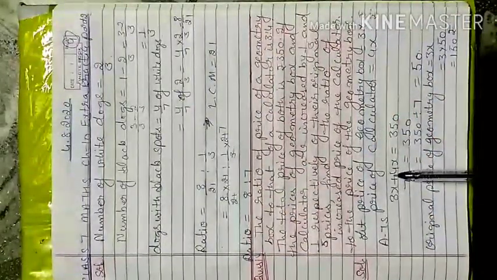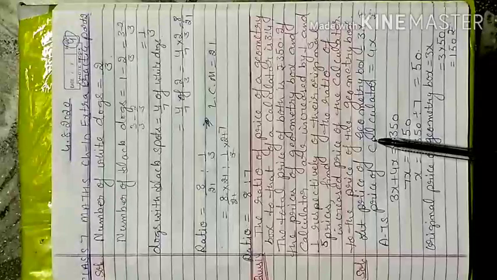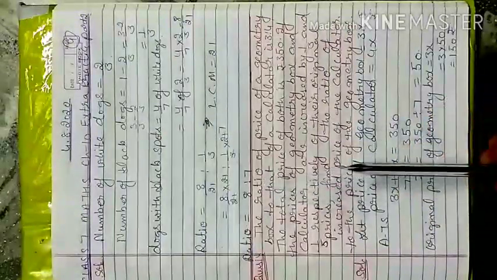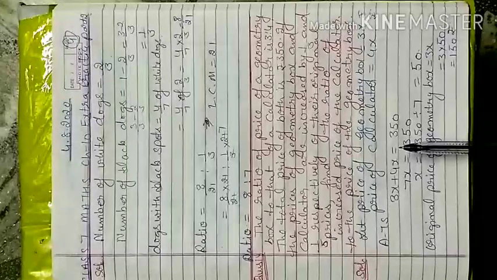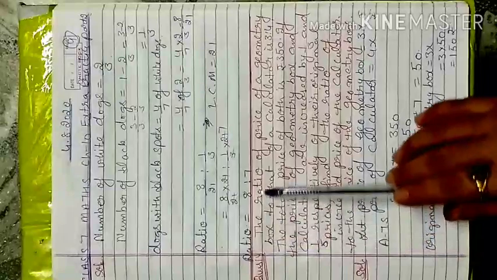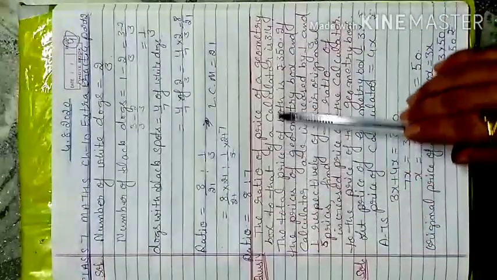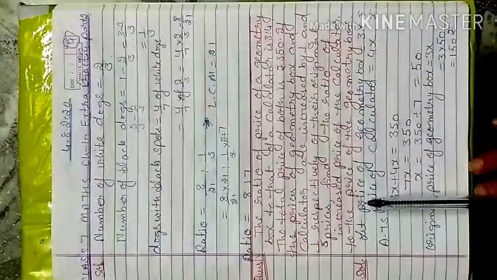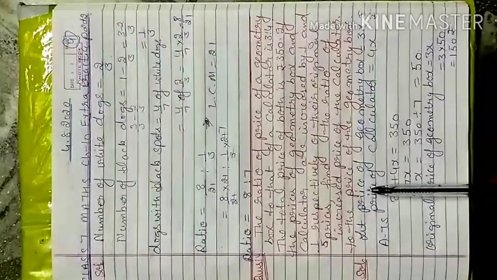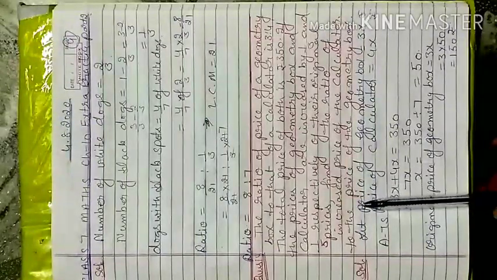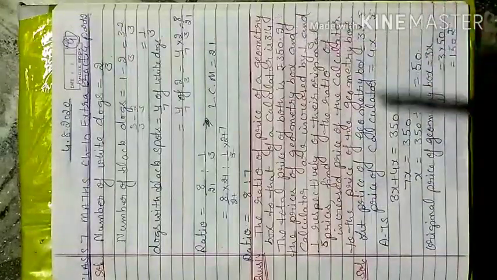Now in this 14th question, there are 2 parts. I will tell you in short form what is in this question. The ratio of the price of a geometry box to that of a calculator is 3:4. The original price of the geometry box and the original price of the calculator, the ratio is given as 3:4.